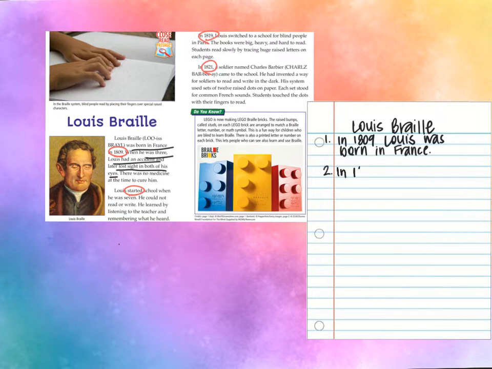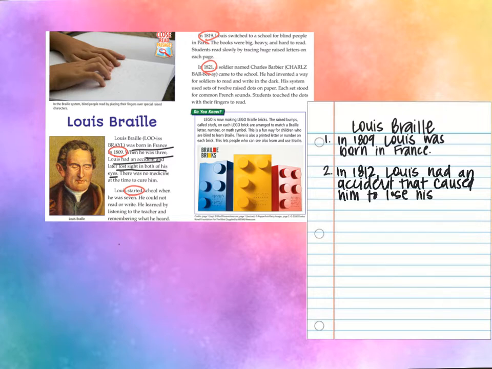So in 1812, Louis had an accident that caused him to lose his sight.